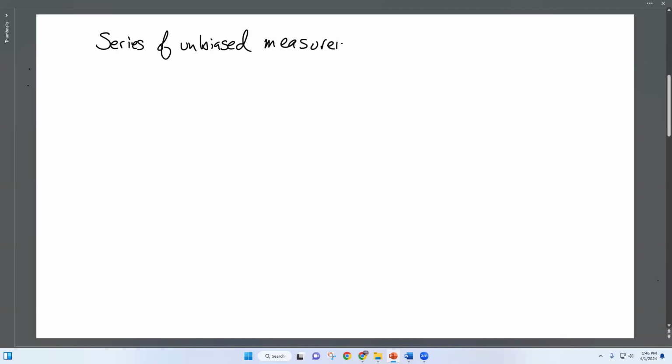And we're also assuming that they are independent measurements, meaning there's no trend or correlation between one and the other. And we're also assuming that these are random samples. So there's some sort of random sampling scheme here as well.